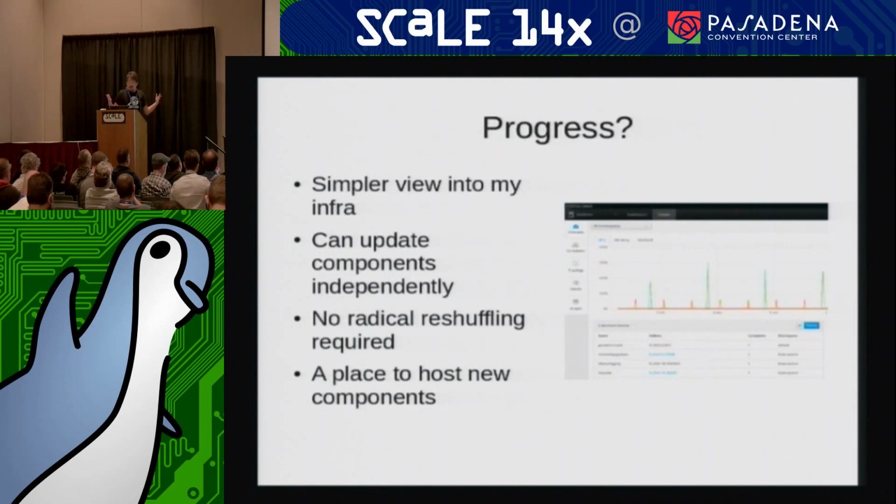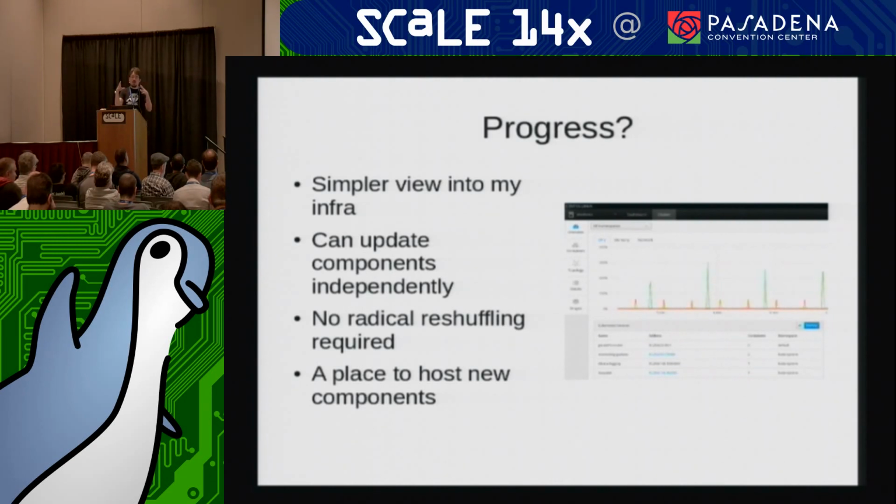So, am I making progress? I mean, it is definitely a simpler view into my infrastructure, especially with a tool like Cockpit. You can visualize the difference, because you're just running the pieces in containers in Kubernetes, all side by side in the same manner.